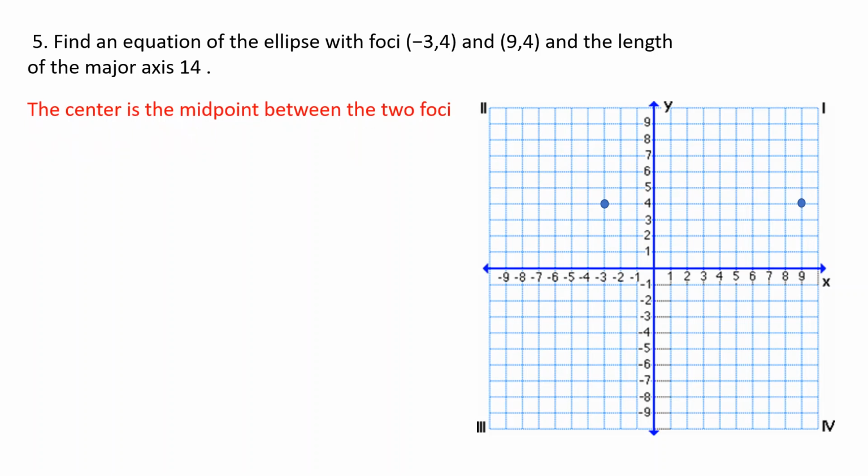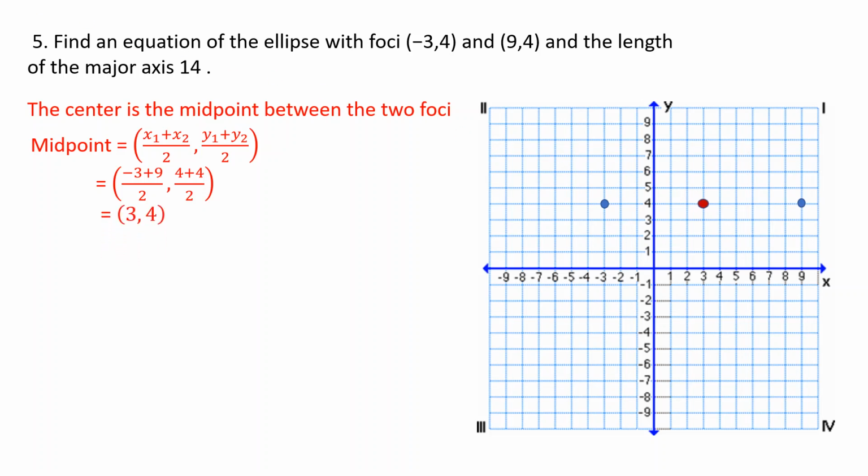If you apply this with x1, y1, x2, y2, you can find the midpoint as 3, 4. So that's the center of the ellipse. Since the foci are horizontal, I'm going to have a horizontal ellipse. In other words, the major axis is horizontal.